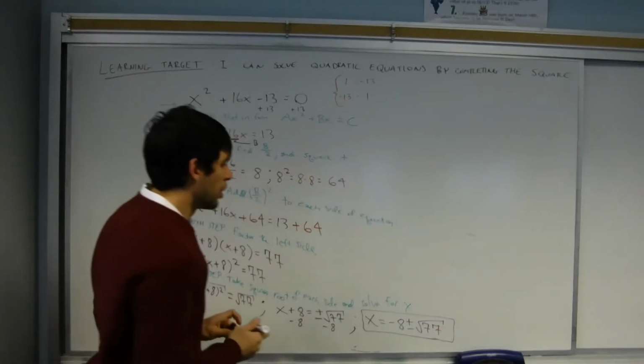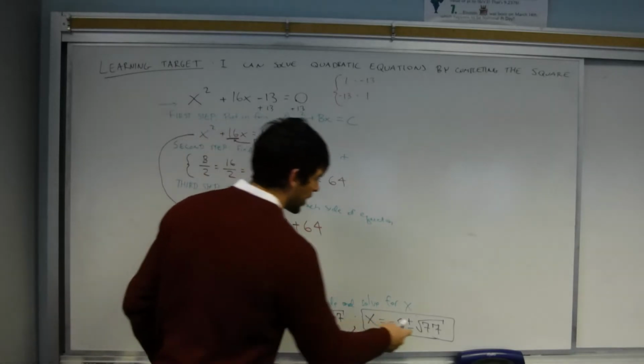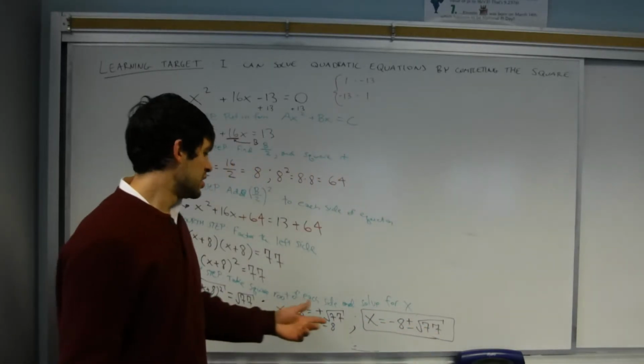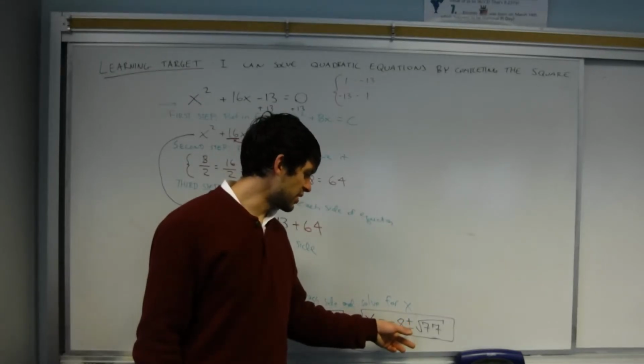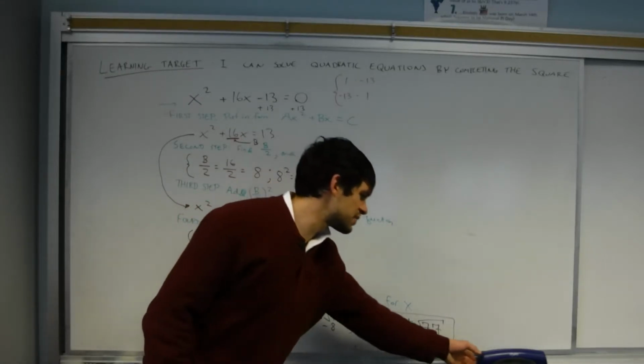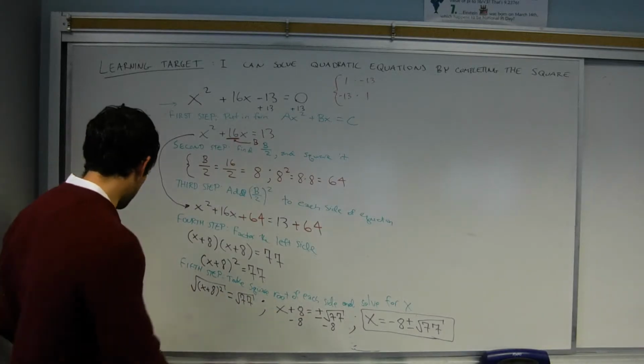We are unable to simplify this square root any further, so this would be an acceptable form to leave our answer in, although we have two answers. We have the positive case and we have the negative case. Or we can plug it into our calculator.